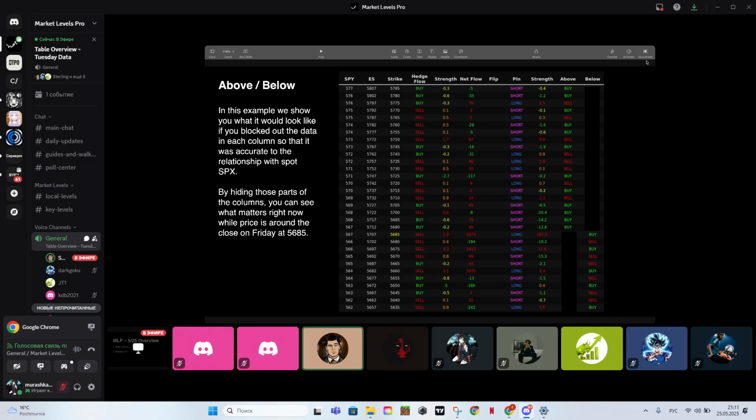If you wanted to know exactly what matters right now because price is at 56.85, this is visually how you would want to look at that. In the future state of this tool, we will incorporate a slicer so that if you wanted to just see the one clean column of all of the behavior, we have that. If you want to maintain above and below, we'll have that as well.